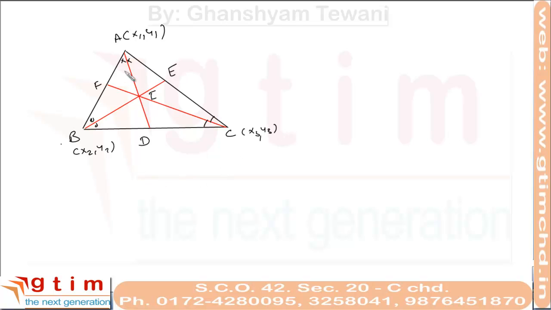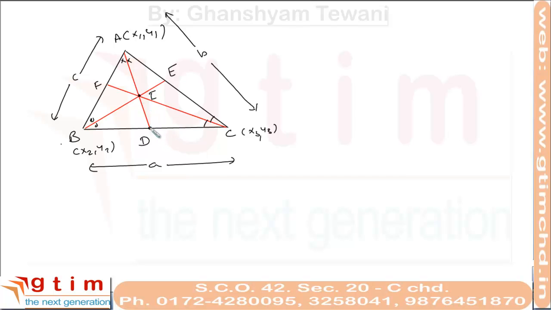In this triangle, using standard notations of sides, side length opposite to angle A is small a, side length opposite to angle B is small b, and side length opposite to angle C is small c. Now we want to find coordinates of incenter.